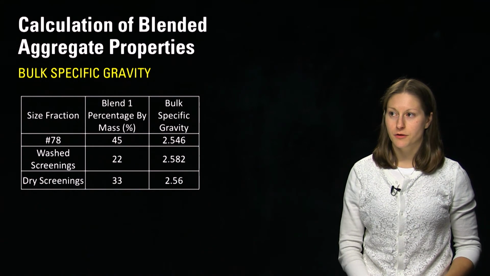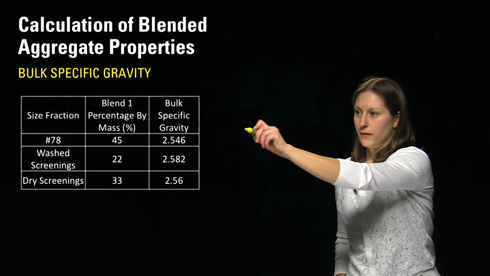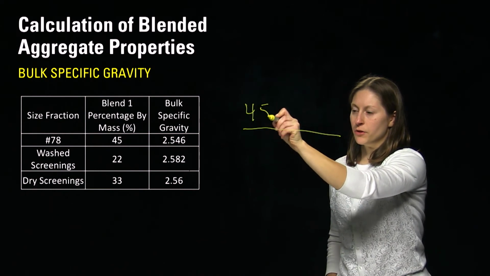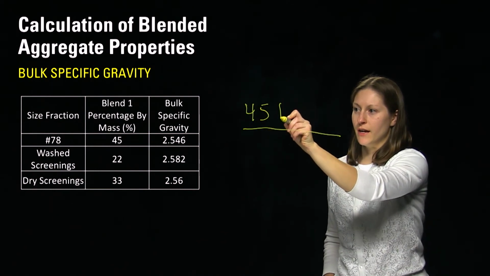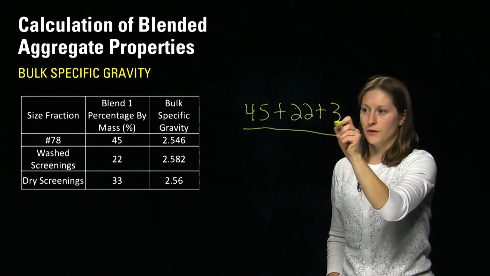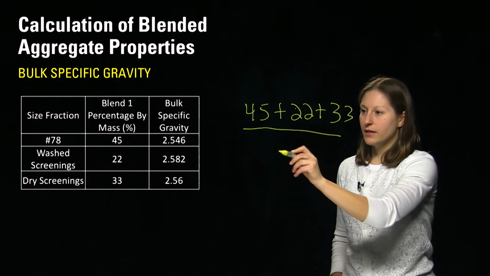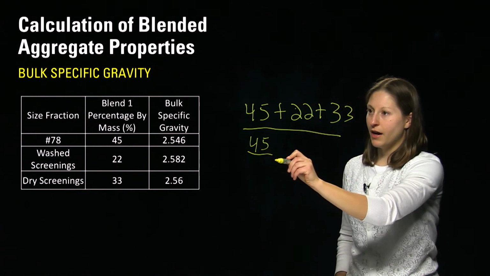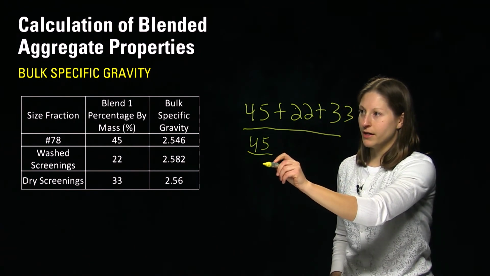Here's our information for trial blend 1. We see that we have P1 is equal to 45 for the number 78, P2 is 22, and P3 is 33. In the denominator, we take our individual mass percentages and divide by the respective specific gravities.